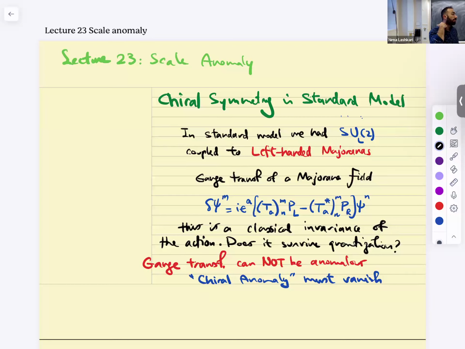Then we found a bunch of other fixed points within perturbation theory, but mostly for large n, right? These were the Wilson-Fisher fixed point type of things. So that's what we've discussed.